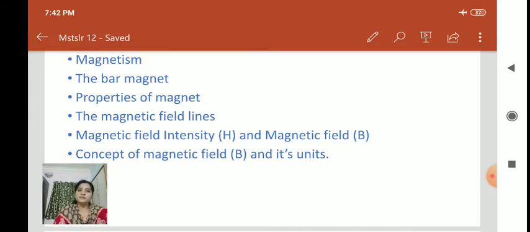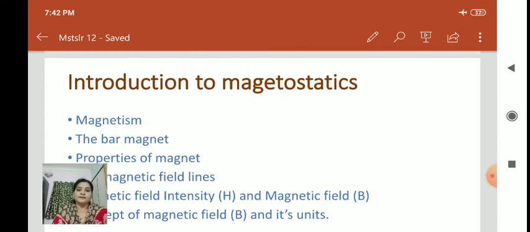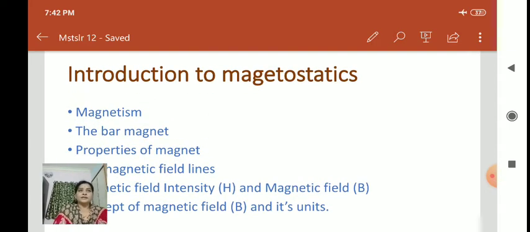The term magnet was first coined around 600 BC, when shepherds on an island named Magnesia in Greece were roaming about, grazing their sheep. They felt that something was attracted to their shoes, and this property of attraction led to the observation of magnetism.